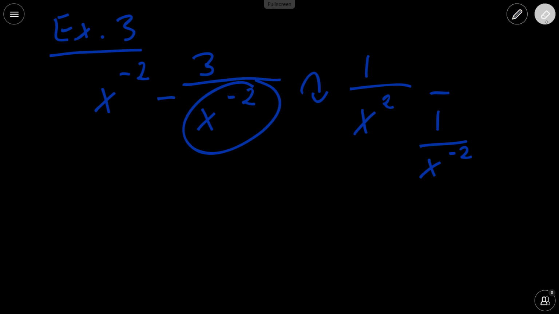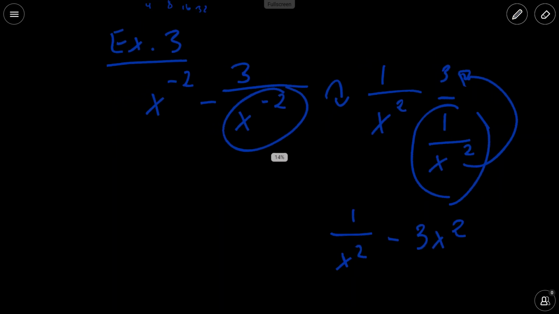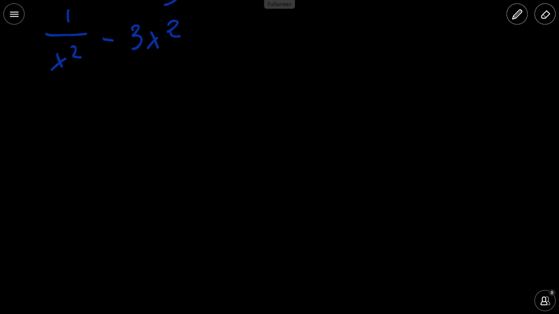Sorry, it's not over anymore because this whole term is in the denominator. And what do we really achieve with this? The x squared goes into your numerator. So that leaves us with 1 over x squared minus, we had our 3 here, so that gives us minus 3x squared. So like we always do, first step, get rid of our negative indices.